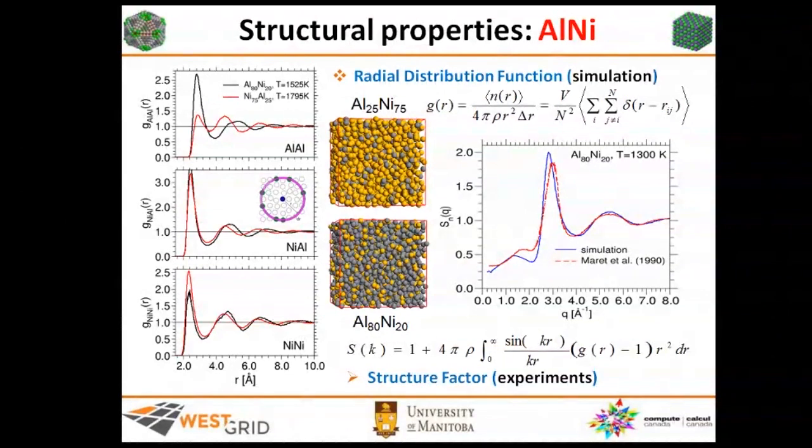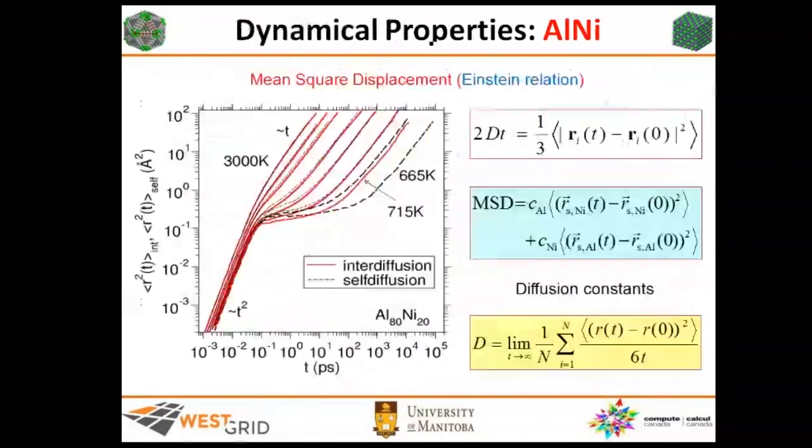Depending on the temperature, you will have different mean square displacement. From this plot, you can use Einstein relations to get the diffusion constant. Once you have the diffusion constant, you can compare it to experiment. You have access to viscosity, and there is a relation between viscosity and diffusion constant.